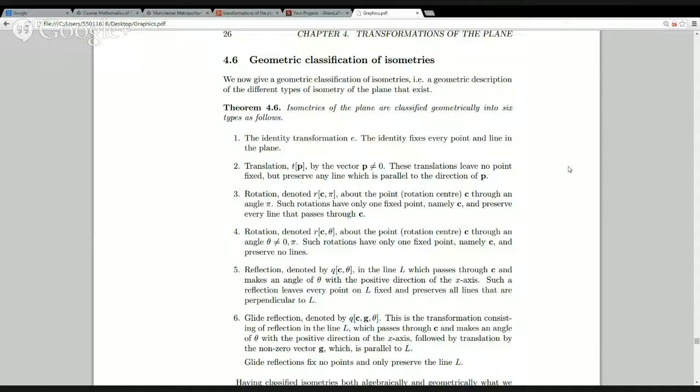That's the center of rotation. Every other individual point moves. But it's going to preserve any line that goes through the point C. Any line which goes through the point C, after you've rotated the plane a half turn, is still going to be the same line.